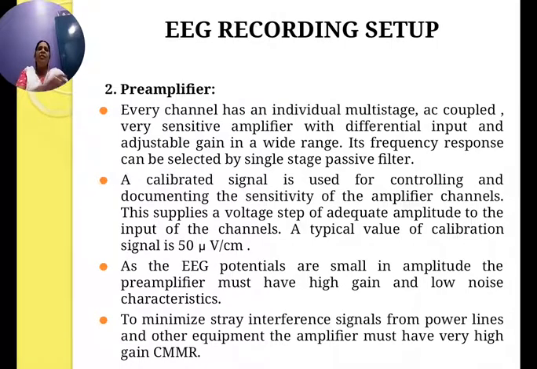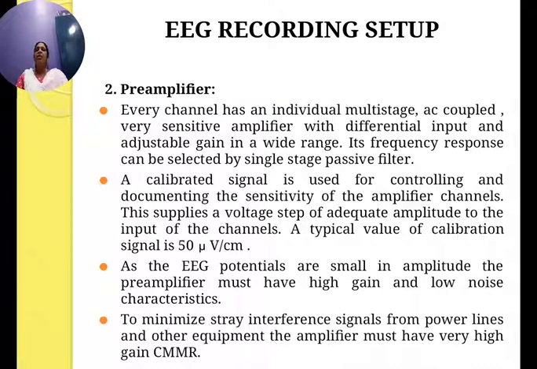A calibrated signal is used for controlling and documenting the sensitivity of the amplifier channels. This supplies a voltage step of adequate amplitude to the input of the channels. A typical value of the calibration signal is about 50 microvolts per centimeter.